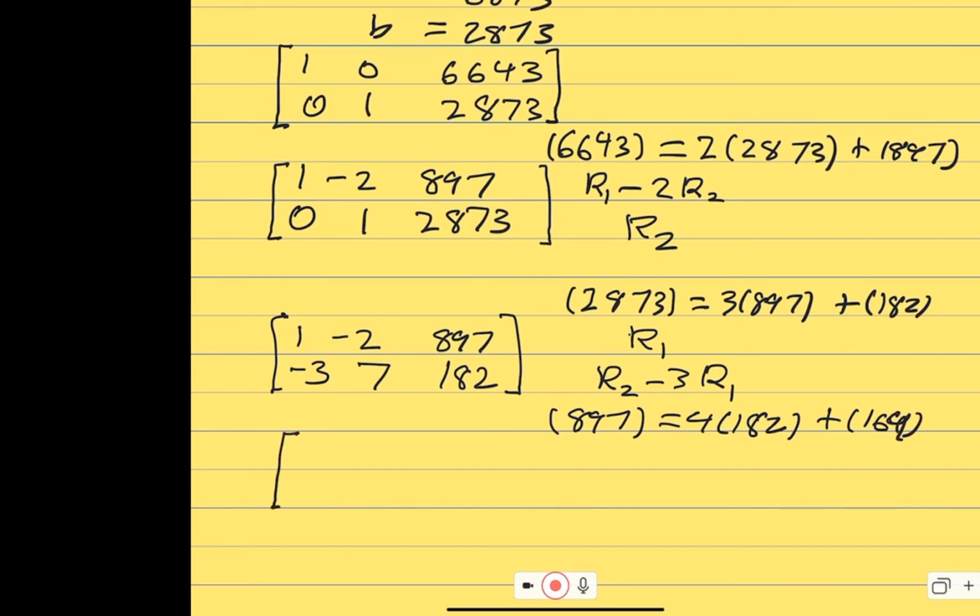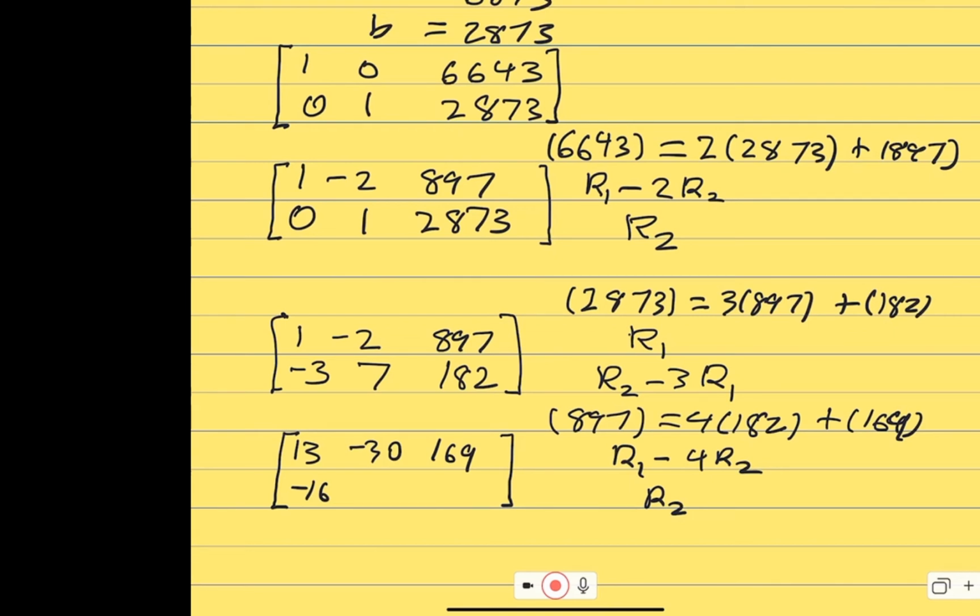So this time row 2 stays the same, and I'm going to take row 1 minus 4 times row 2, and that gives me 13, minus 30, 169, and minus 16, no, I'm sorry, I'm messing up there.